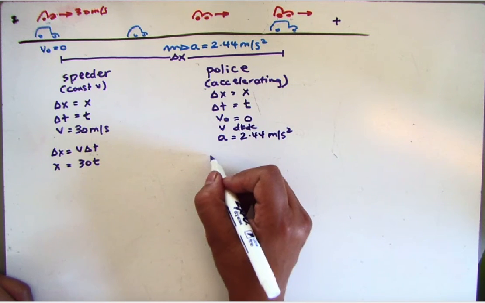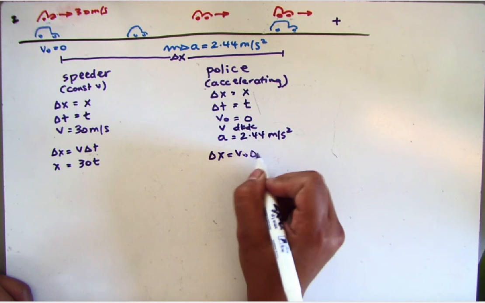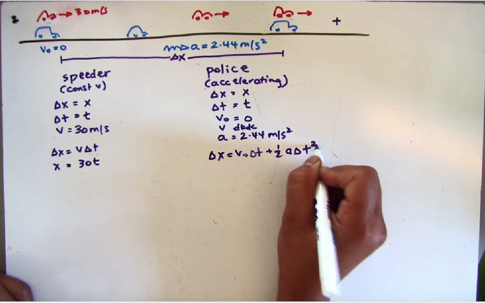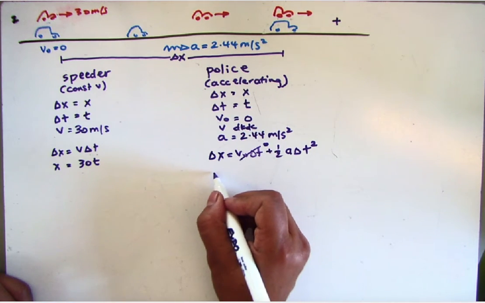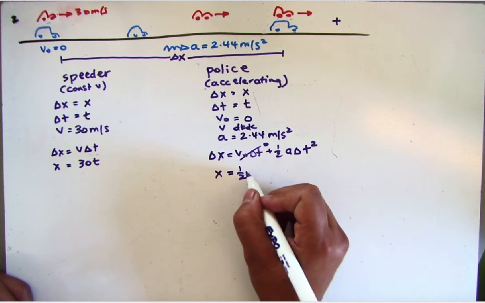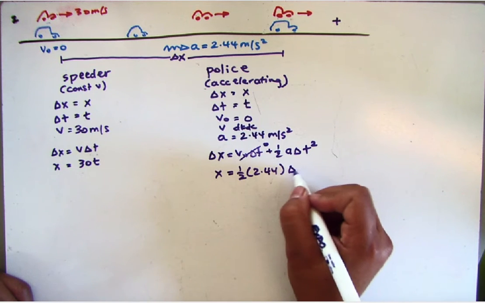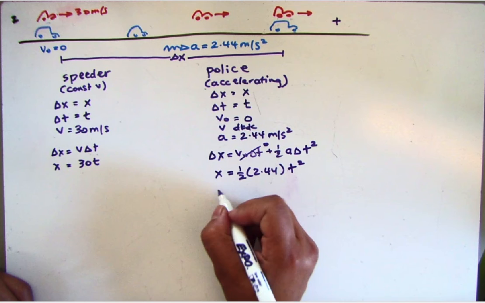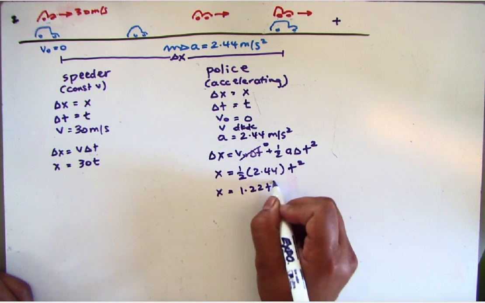My v is my don't know, don't care, so my equation I start with is delta x equals v naught delta t plus 1/2 a delta t squared. Since v naught is 0, I'm going to cancel this whole term out, and I end up with just x equals 1/2 of 2.44 times t squared. So I end up with x equals 1.22t squared.